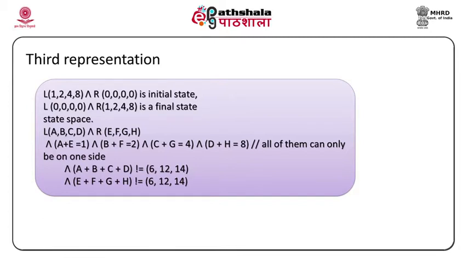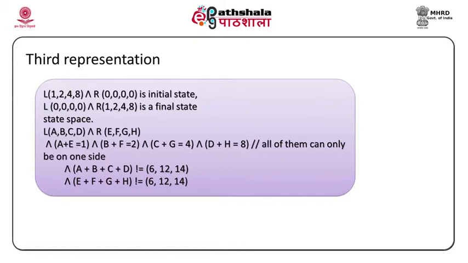We say that L, A, B, C, D, E, R, E, F, G, H. Okay, and then say A plus E is equal to 1. What does that mean? That means that farmer is either on one side or the other. So A or E, one of them must be 0 because farmer value is 1. So if A plus E is 1, that means either A is 1 or E is 1. Both of them cannot be 1. Okay, so farmer cannot be on both sides.